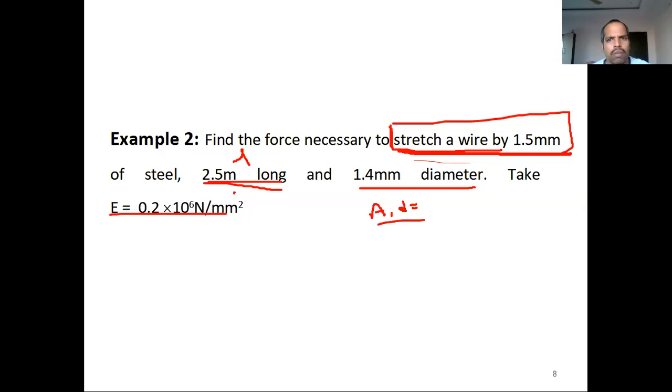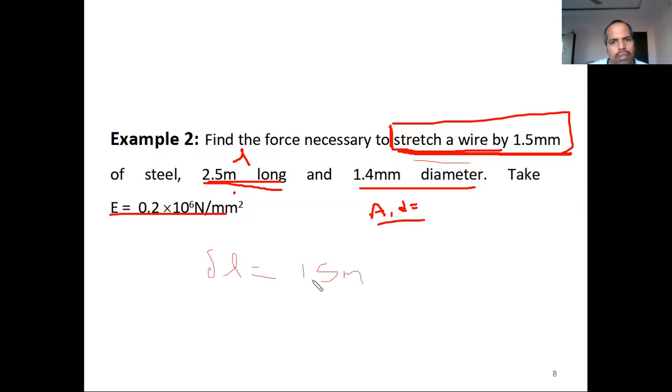Stretch by 1.5 mm is nothing but delta L. In that formula PL by A, we need the force P, L is given as 2.5, and A you can calculate knowing the diameter, and Young's modulus is already given in the problem. Delta L is equal to 1.5 mm.